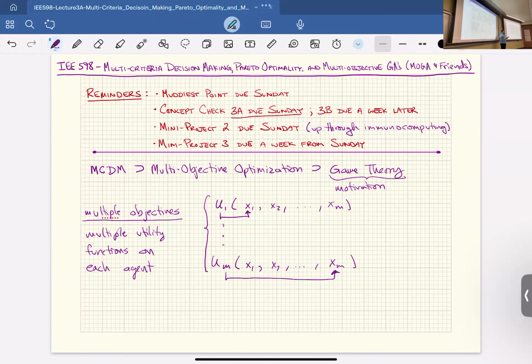So the idea behind this simple game here is that we want to come up with some sort of solution concept. And there are different forms of solution concept.